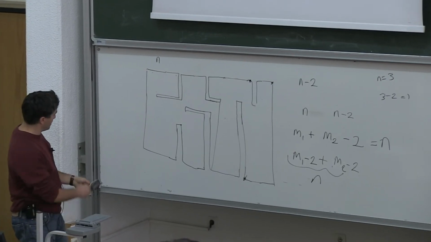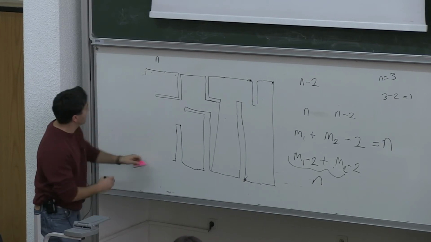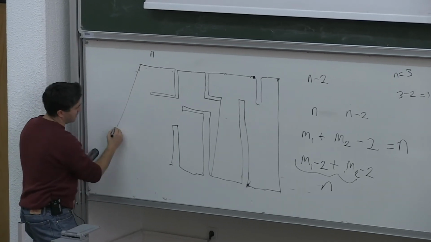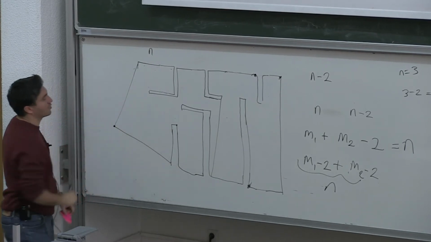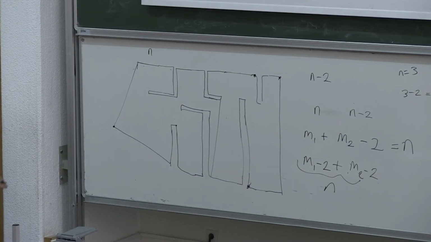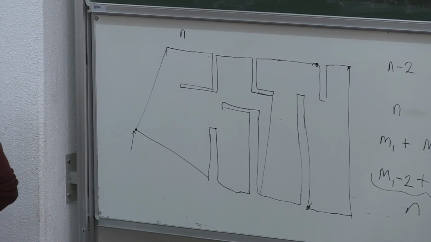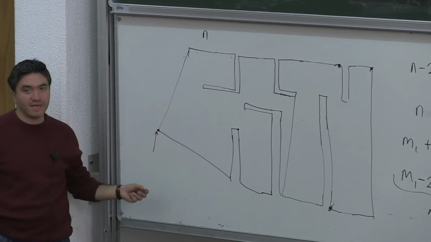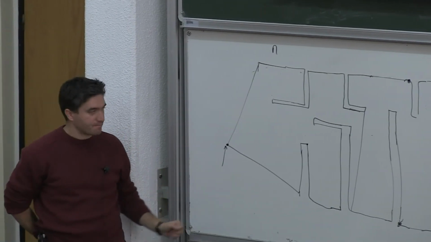Let's assume we have a room slightly like this, okay? So I'm making this the leftmost vertex in this floor plan. So we select the leftmost vertex of the polygon. If there is more than one vertex with the minimum x coordinate, I select the one with the minimum y coordinate.